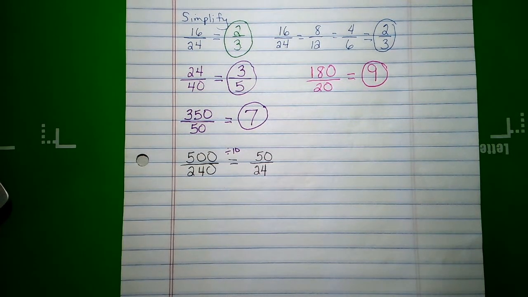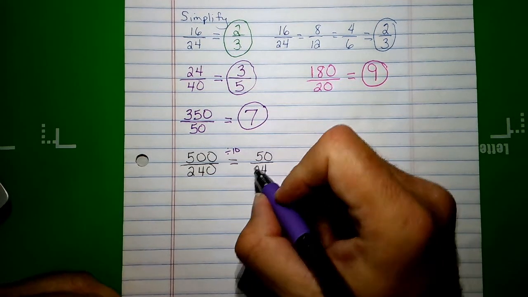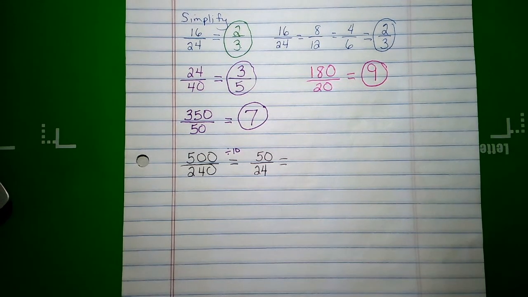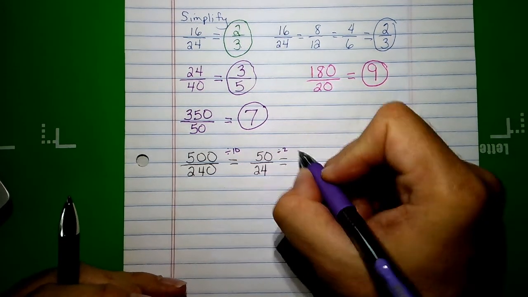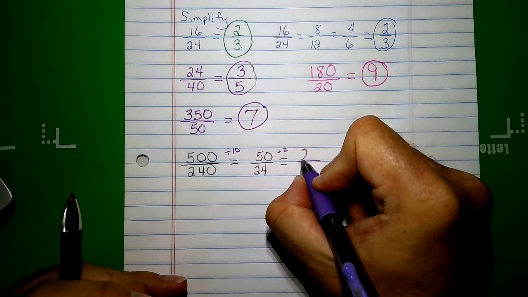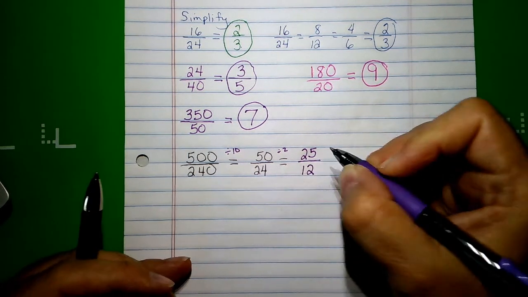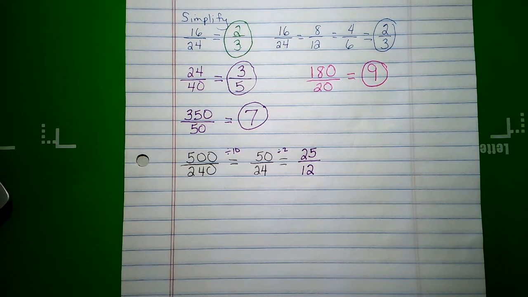And I think we can now simplify it some more. What about a 2? Does 2 divide into both of these? If we divide both of these by 2, that would give a 25 on top and a 12 on the bottom. Notice that's an improper fraction. Some of you might remember writing improper fractions as mixed numbers.